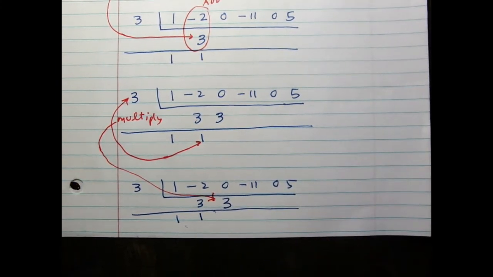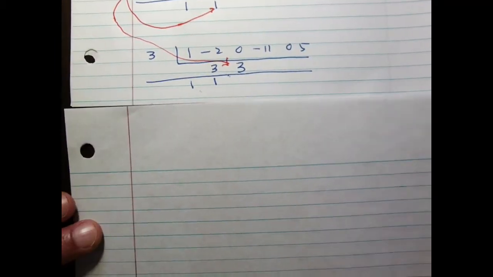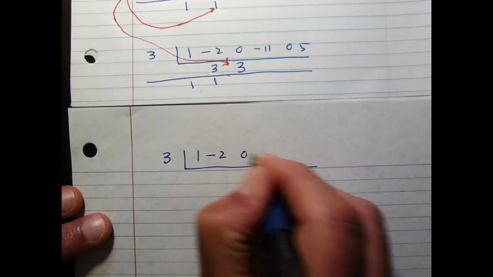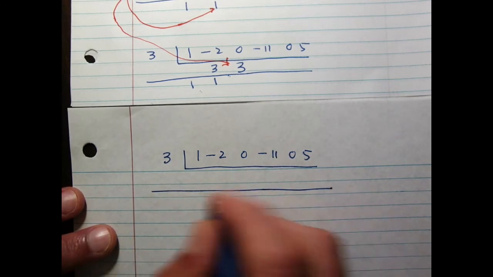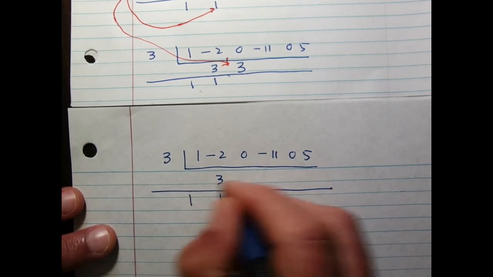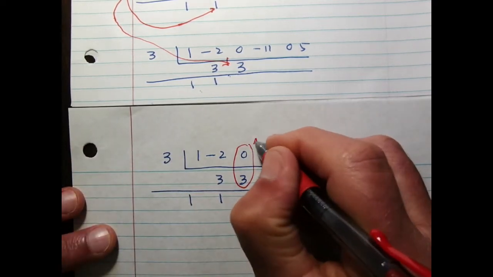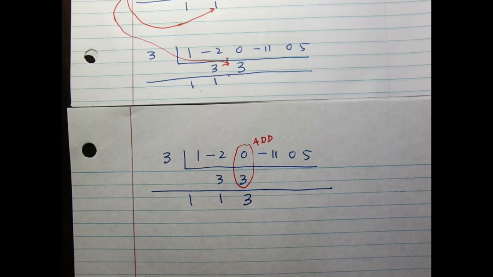And I think I'm going to go to another page. Line 1, 3, 1, 3, and now I'm going to add these two entries. I get 3.